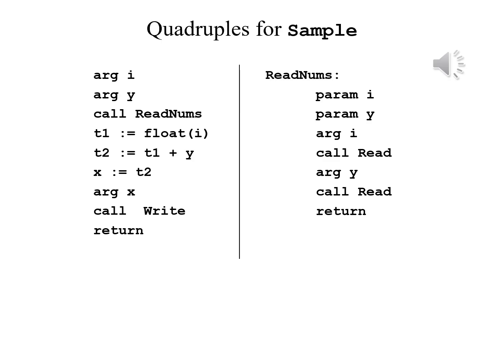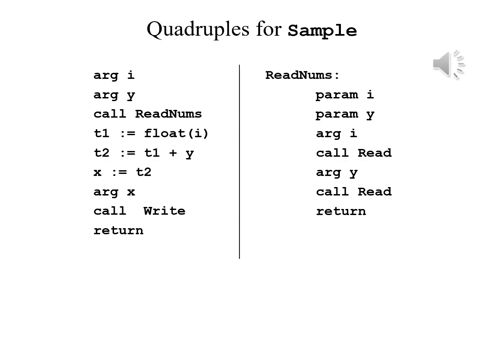Here you see the program quadruples. On the left, the main program, where we start by identifying I and y as the actual parameters for the procedure readnums. Below that, we call readnums, and then we set t1 equal to the float of I. We can't directly add an integer and a real, so we will use this function available only to the compiler to convert it to the equivalent real value.